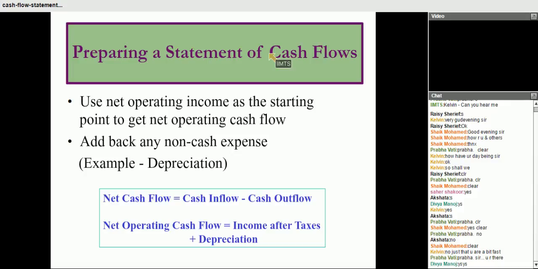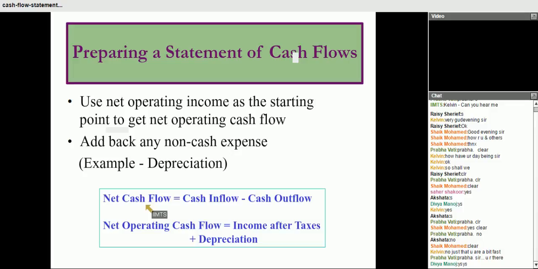Now let's see how to prepare a statement of cash flow. Use net operating income as the starting point to get net operating cash flow. Add back any non-cash expense, for example, depreciation.